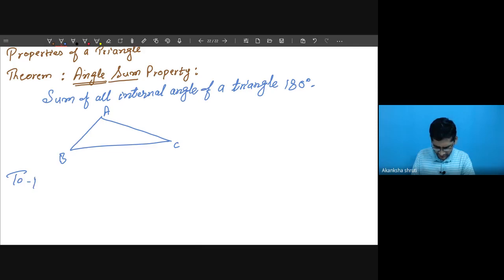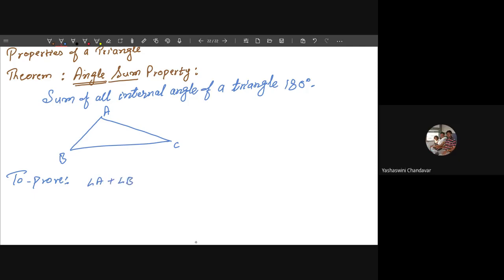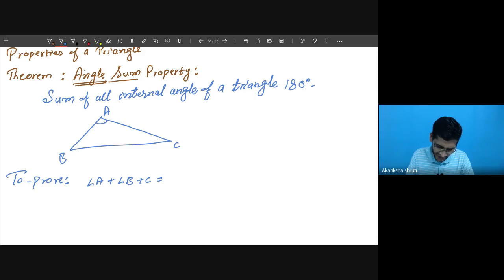We have to prove this: angle A plus angle B plus angle C. Angle A is the internal angle at vertex A, B denotes the internal angle at vertex B, and C denotes the angle at vertex C. Okay, student. So the sum of these three angles is equal to 180. This we have to prove.